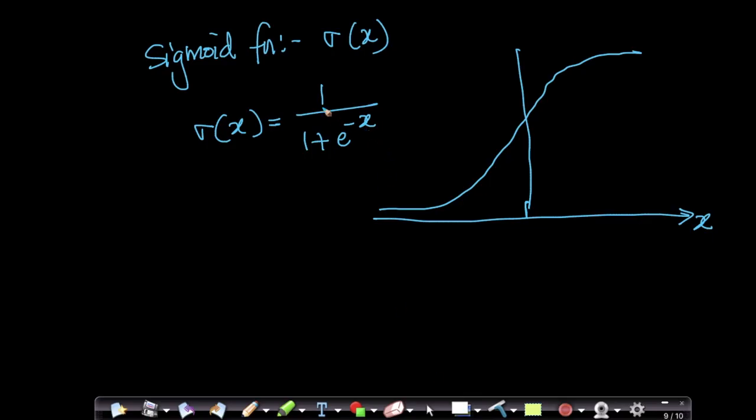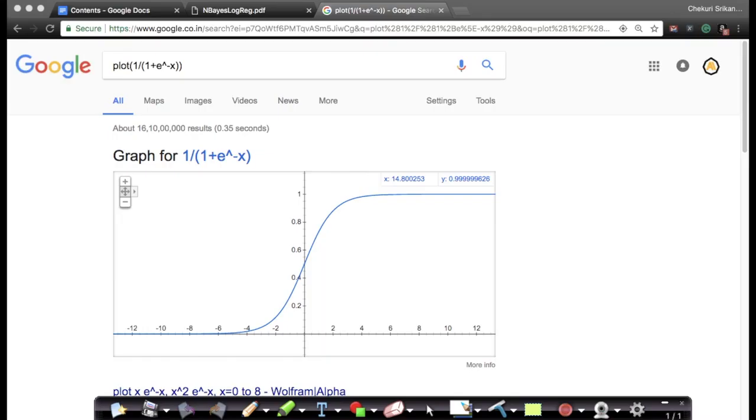Minus x, right? So it is 1 by 1 plus e power minus x. Instead of you plotting all the time, you can just say plot 1 by 1 plus e power minus x. This is what is called sigma of x. e is basically the exponent function. Now, instead of me drawing it, let's actually look at Google's drawing.